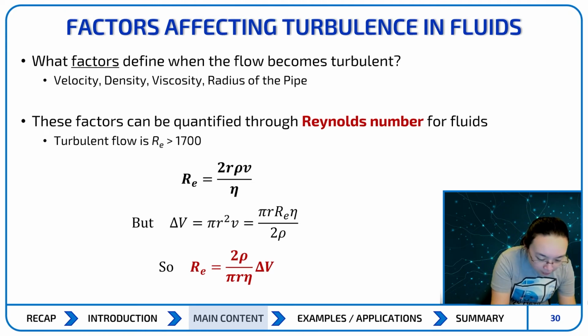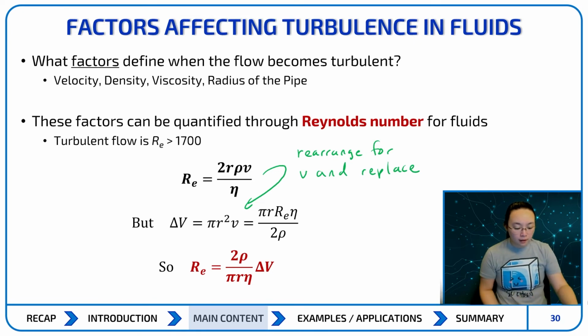Say we rearrange for v and replace. Once you have that, you'll be able to solve for the Reynolds number, and you get 2 rho over pi r eta times delta V.